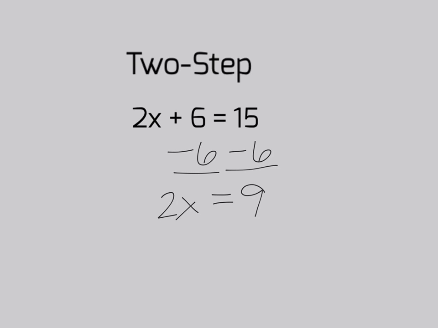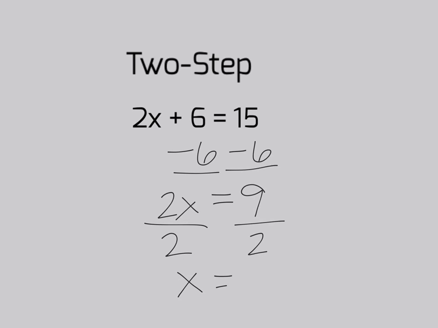Now I have 2x equals 9. This looks exactly like a one-step equation. So I want to do the inverse operation of multiplication or division. I have 2 times x equals 9, so I'm going to divide by 2 on both sides. I'm going to now get as my final answer a fraction.